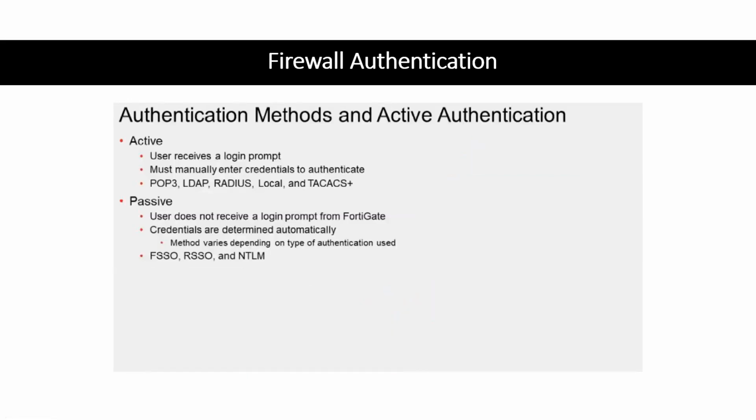All right. So you guys learned about a lot of things and heard me talk for a long period of time. We have active authentication and we have passive authentication. Active is when the user receives a login prompt and you manually enter credentials to authenticate, whether that be local storage of passwords on the FortiGate or using a remote authentication server. That is an active authentication method. With passive, the user doesn't receive a login prompt from the FortiGate.